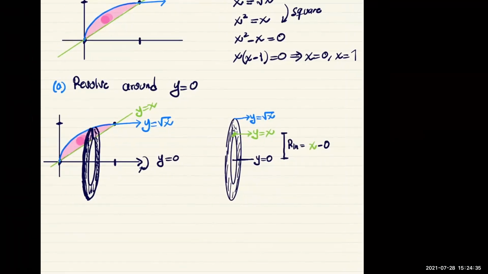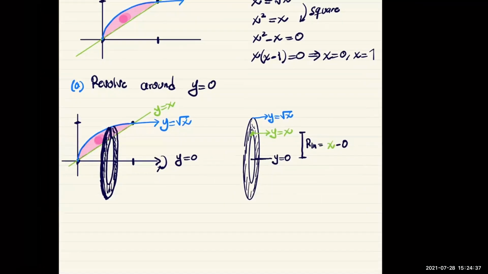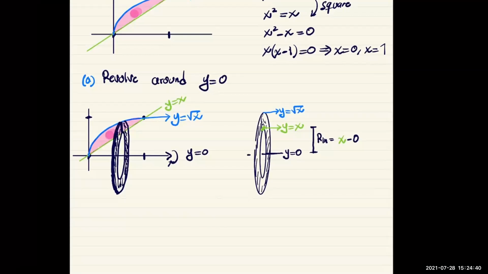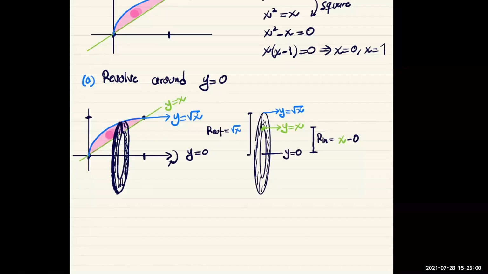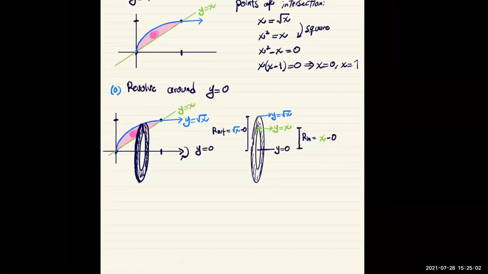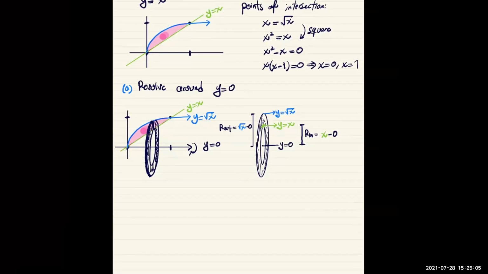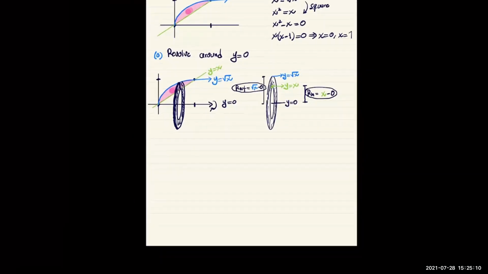And then the outside radius is going to be, this is the outside radius. That's equal to top minus bottom. Top y is root x, bottom y is 0. So root x minus 0. Okay, and we need both of those to find ourselves the volume.